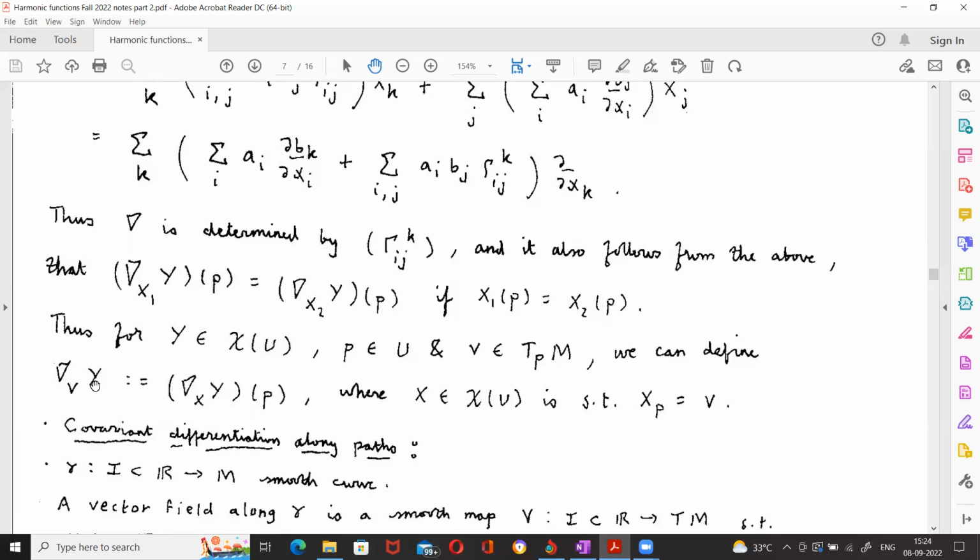Here we've gone backwards. We're starting with the information for vector fields, the covariant derivative of a vector field Y with respect to a vector field X. Then we're seeing that from that global object, we are able to localize it to an open set, first of all, any open set. And then we can localize in the first variable even further. We can localize to a tangent vector at a point. Is it clear?